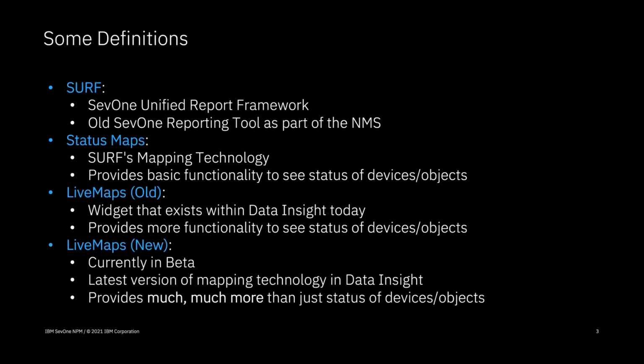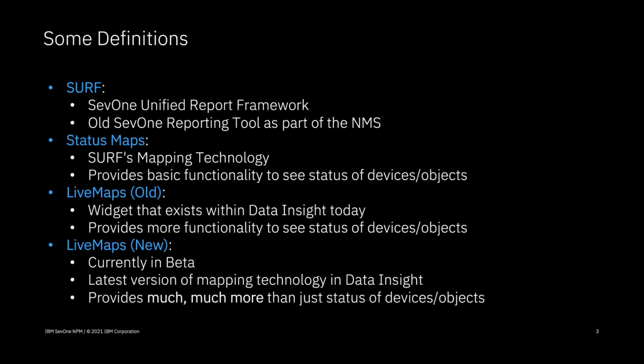That's a little different from LiveMaps, which was a widget that exists within Data Insight today. It was introduced, stretching my brain way back, in 1.6 or something along those lines. It provides more functionality on top of status maps around alert status for devices and objects, so it was a part of the core Data Insight offering.